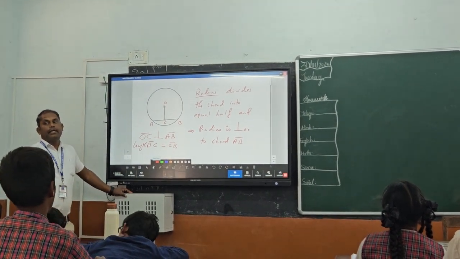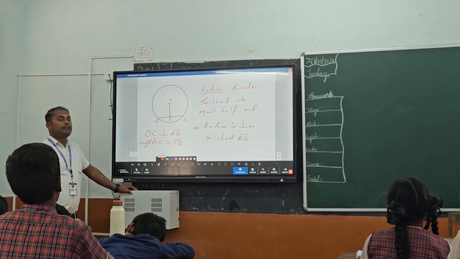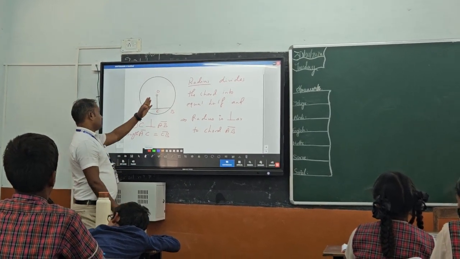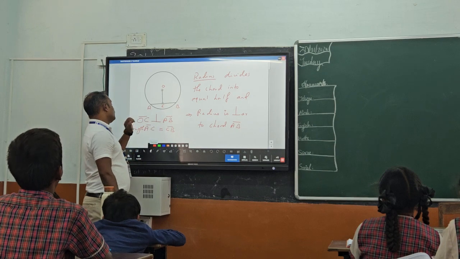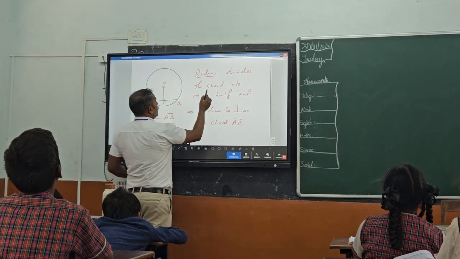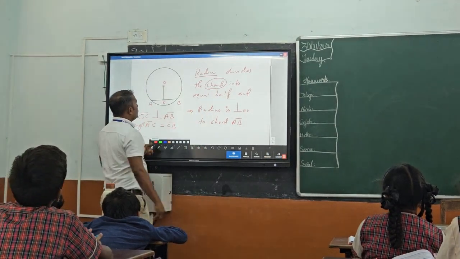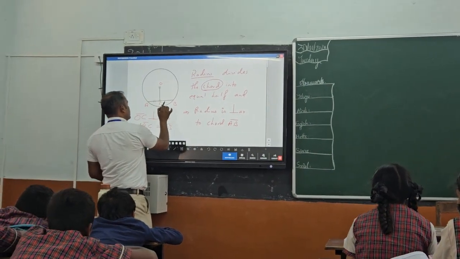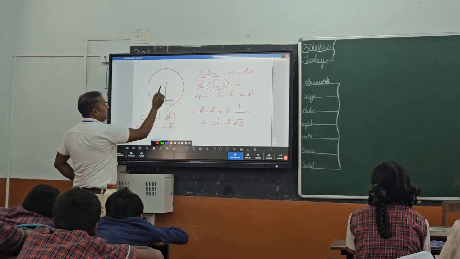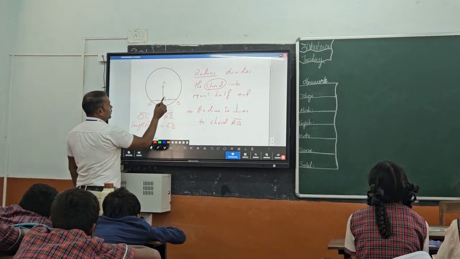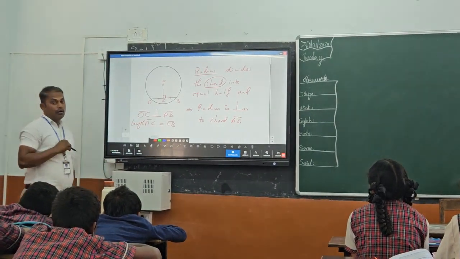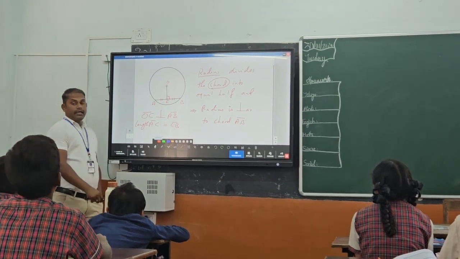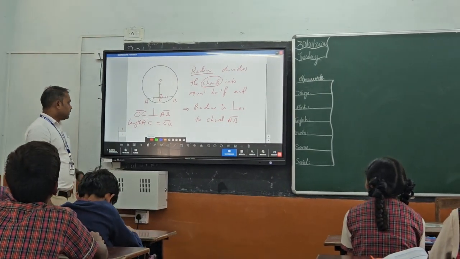That is the property of the chord. At the intersection of the chord and the radius, two properties are formed. First, the radius divides the chord into equal halves; this length and this length are equal. And the radius is always perpendicular to the chord.